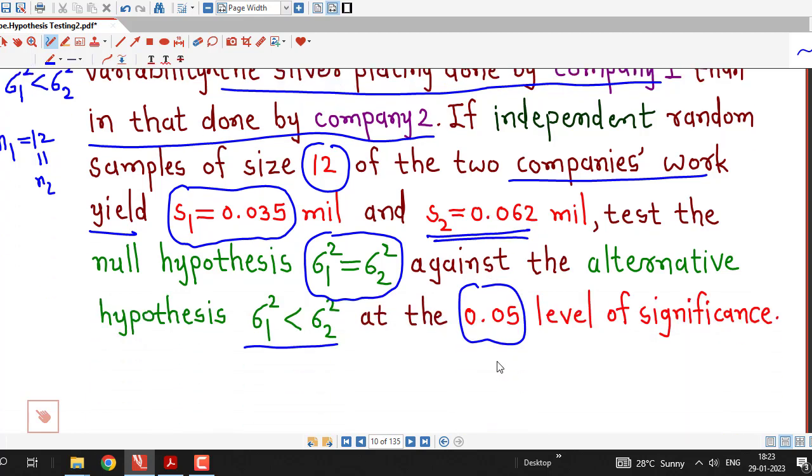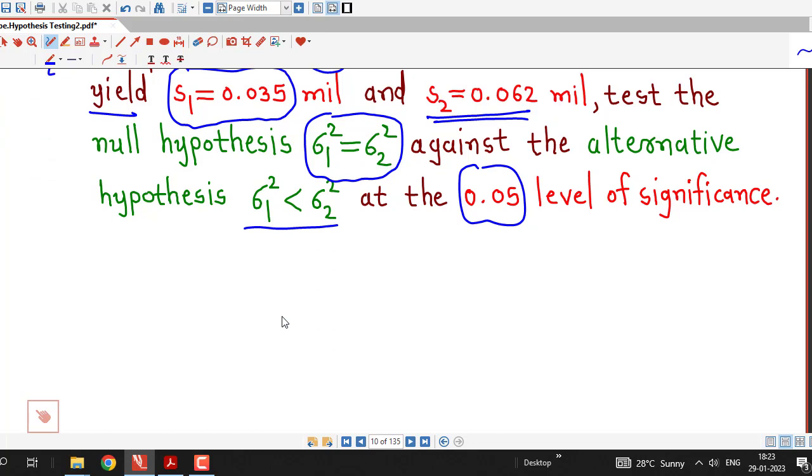Using this sample data they have asked to test the null hypothesis that two population variances are equal against the alternative hypothesis that the population variance for company 1 is less than the population variance for company 2.